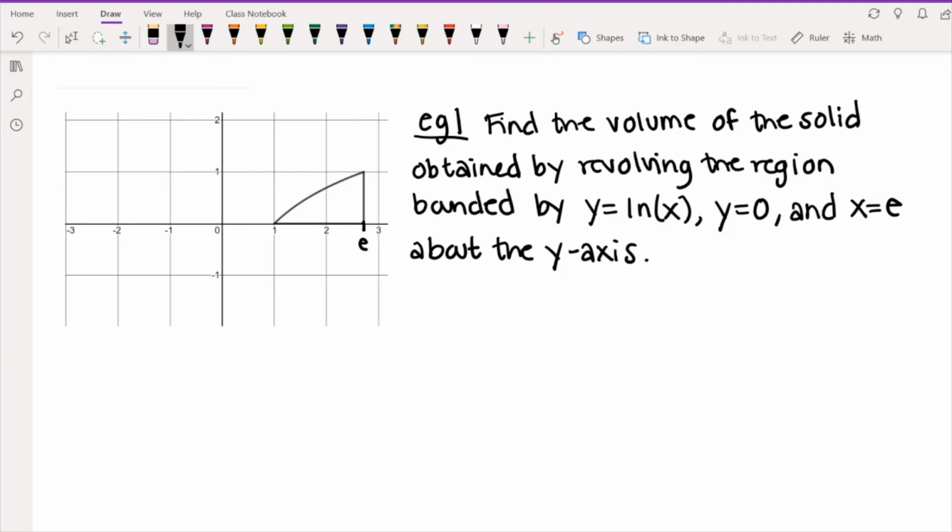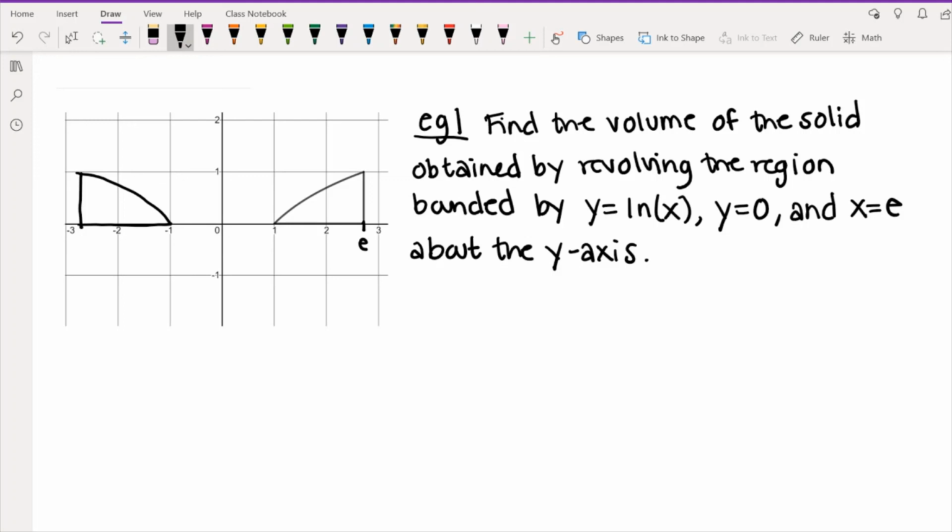Okay, so what would this shape look like? Well, from the side, it would look symmetric with what we have here. So I'll do my best to sketch this. So something like this. And in this case, this is going to be a good shell method problem.